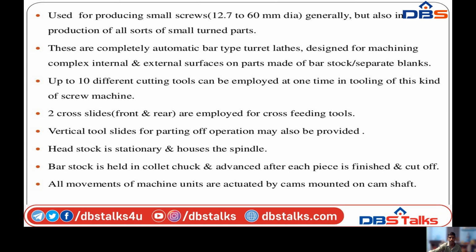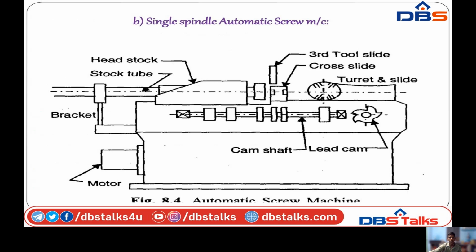That means in normal lathe machines, the headstock rotates, that means in the headstock a chuck is fixed and the chuck is rotating. In this, the headstock is stationary and houses the spindle. Only stationary. The headstock covers the spindle.